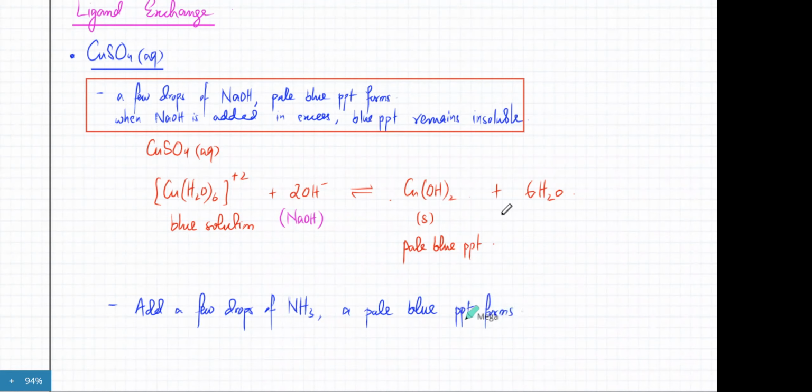If you remember the test with NH3, if you add excess NH3, then the pale blue precipitate dissolves.